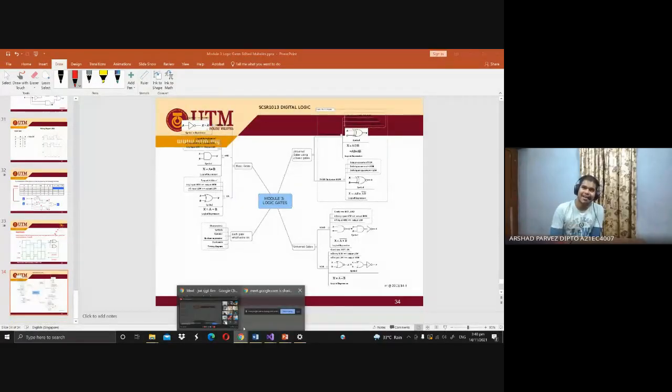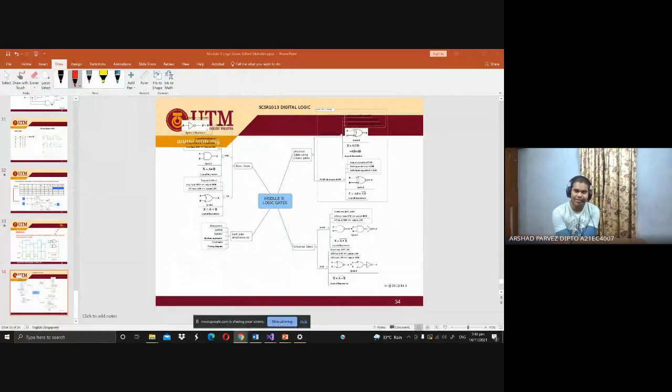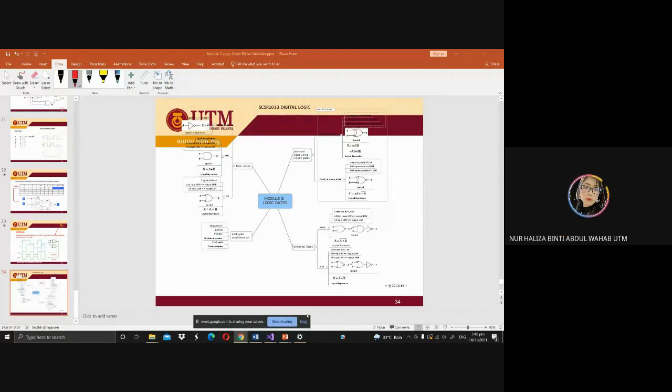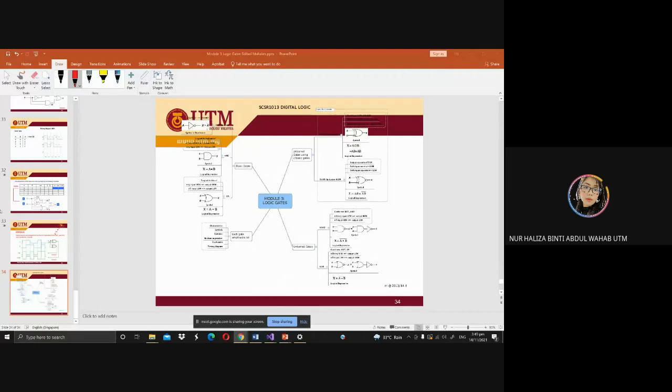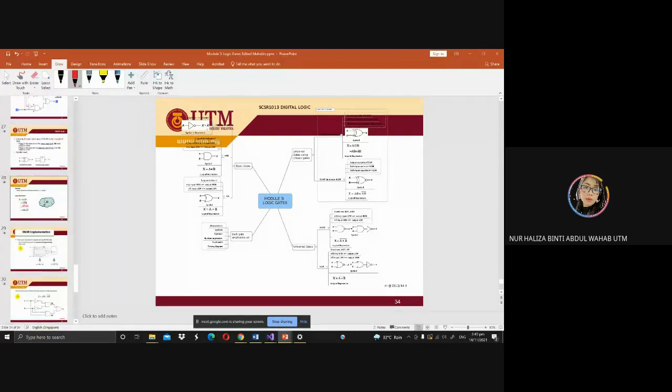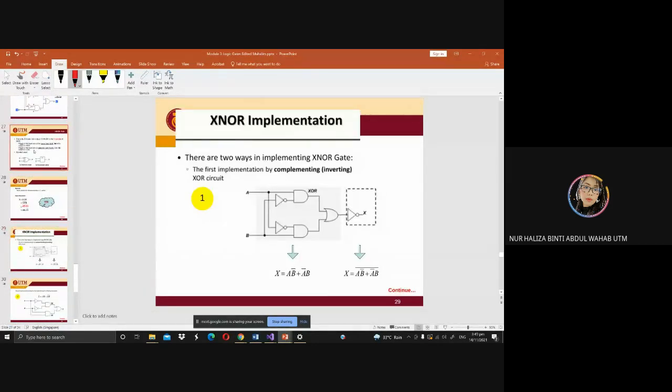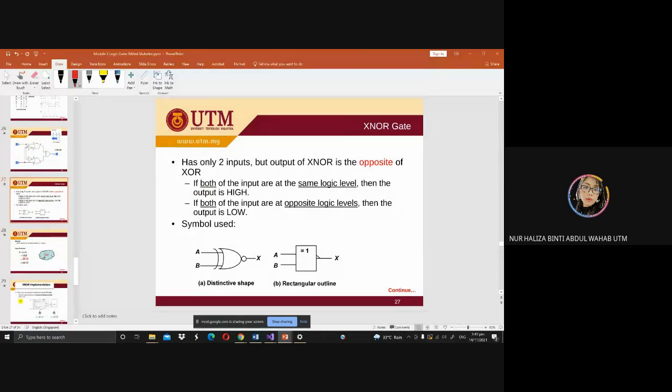Doctor, what if we have 3 inputs or 5 inputs on the XOR gate? If you have 3 inputs, as mentioned already, here you cannot have more than 2. It's only for XOR and also XNOR. It's slightly different, as I mentioned.